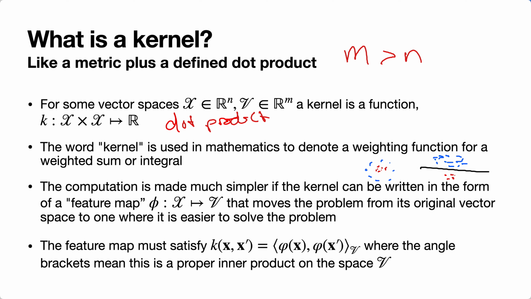Okay? So this kernel has two different flavors, two different viewpoints of the same thing. One is the version where it is a feature map that lifts us up to the high dimensional space. And the other version where the kernel can also be written as a dot product in the original lower dimensional vector space.